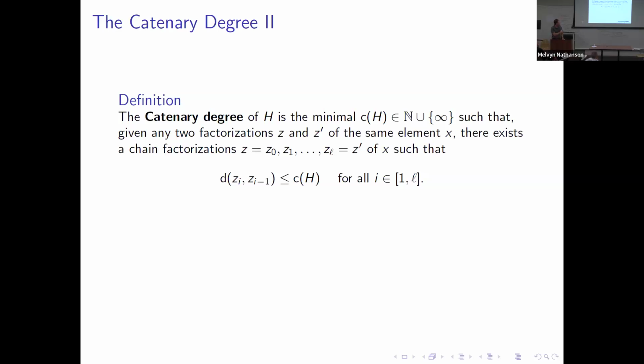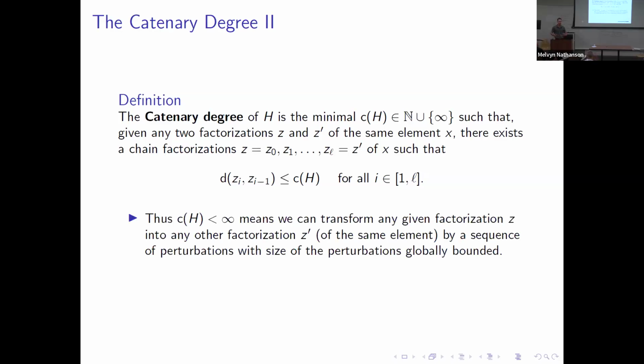And if we let this C of H, the catenary degree, be the smallest number for which that is possible, or infinite if it's not, then that's going to be our measure of control. Because if it's infinite, that would sort of mean we can't really change one factorization to the other. But if at least it's finite, that means as the length of the factorizations grows, which tends to happen, we can always, in a sequence of small perturbations, change any factorization into another one.